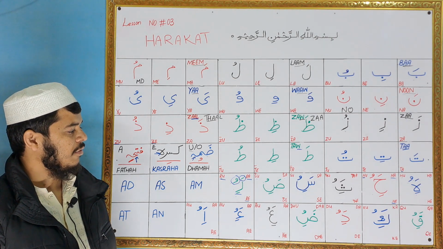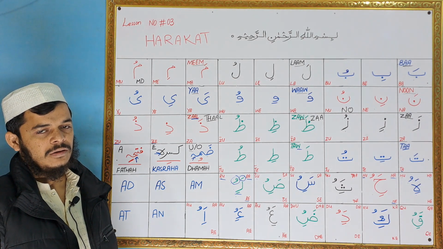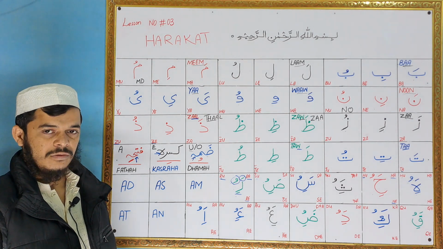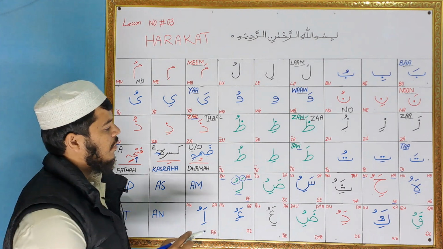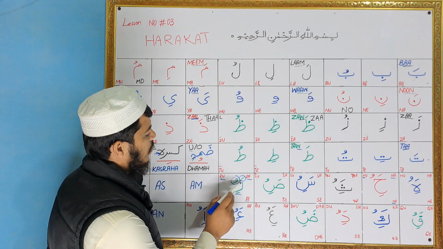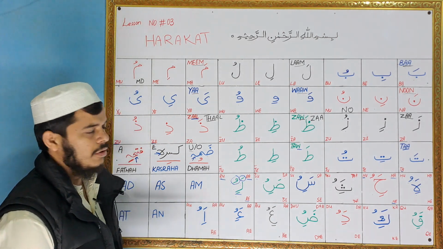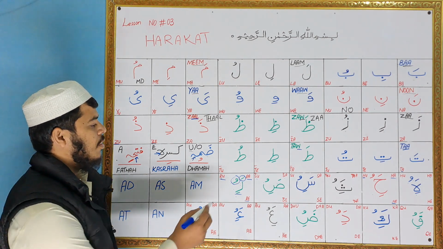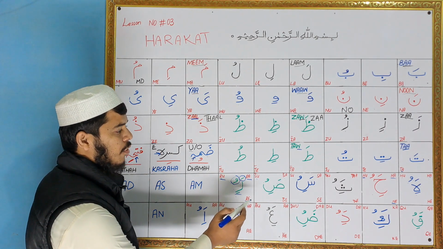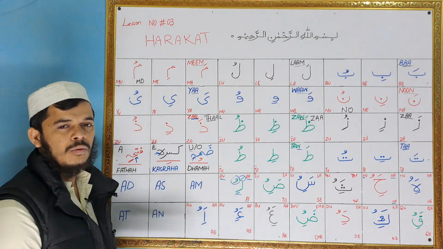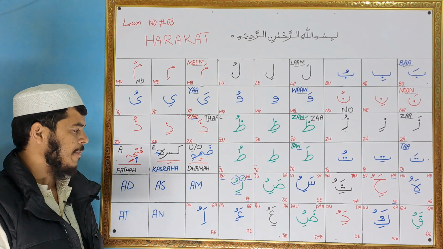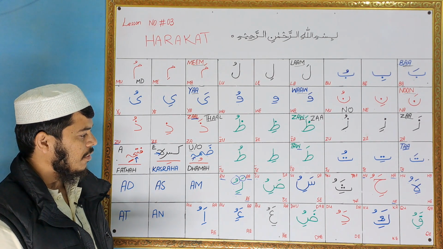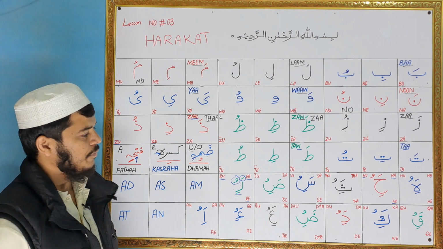Whenever the letter ra comes with kasra underneath, it will be ri. The lip shape will not be rounded. And whenever ra comes with fatha or dhamma, it will give a bold sound. Ra fatha, ra dhamma, ru, and ra kasra, ri. That's for the ra, you have to remember.